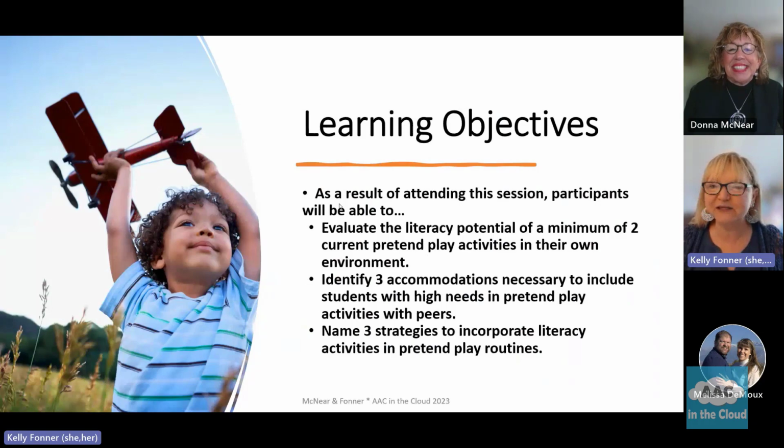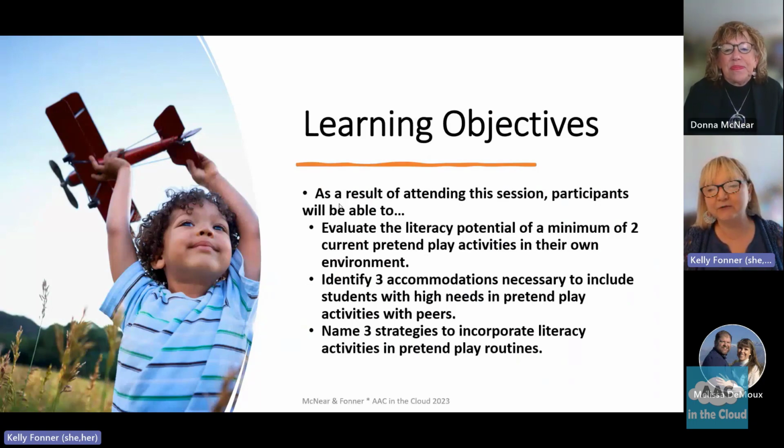Our learning objectives for this session are to make sure that we're covering content that helps you to evaluate the potential of literacy using current play activities in children's own environment. We're not talking about pull-out therapy.